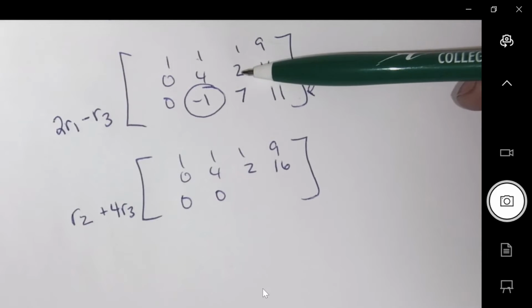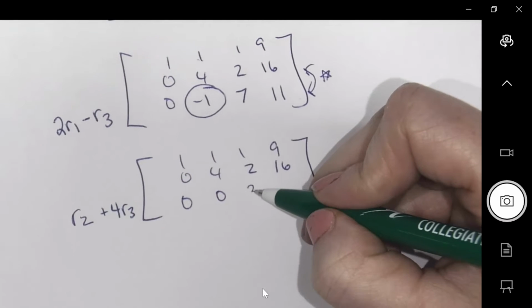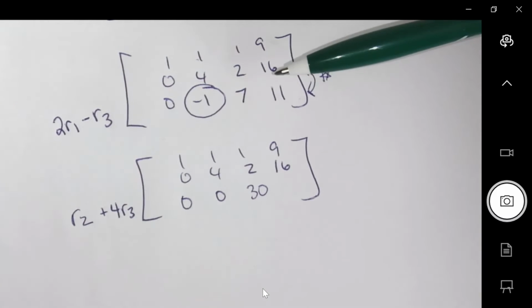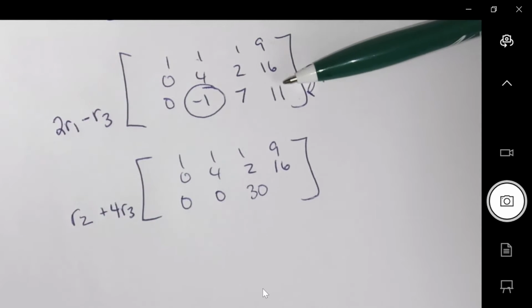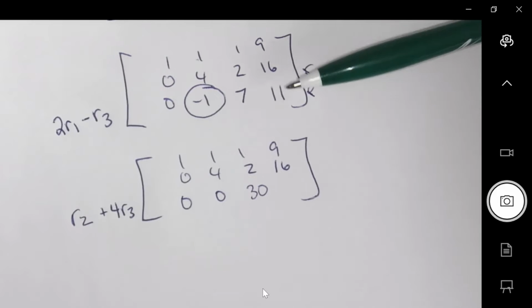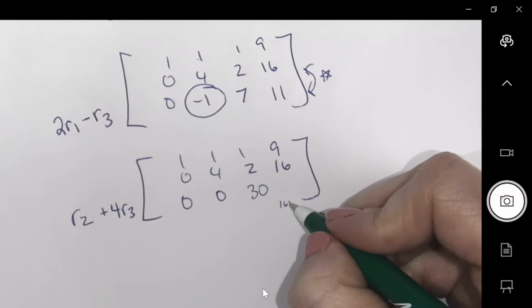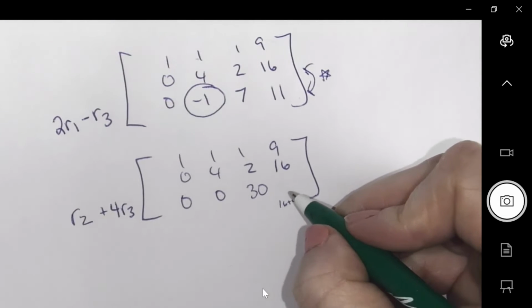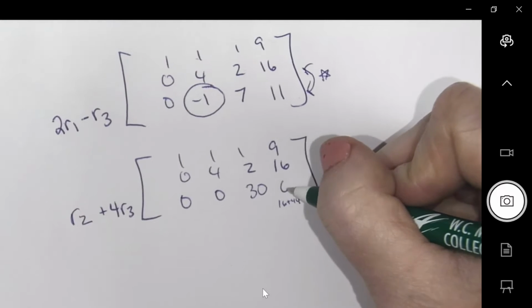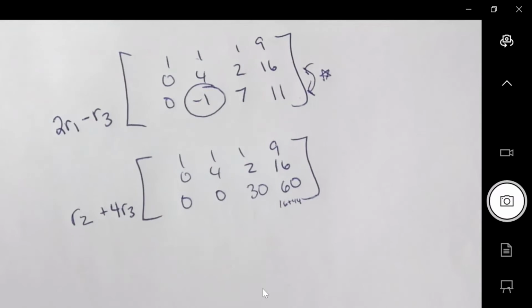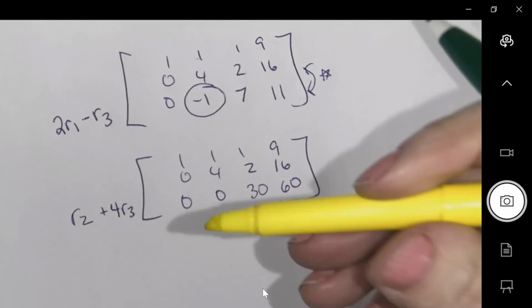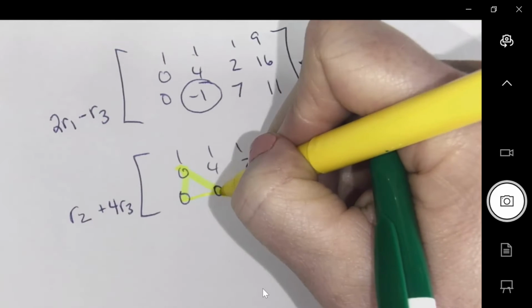Are we with me? 2 plus 28 makes 30. 16 plus 44. That's 60. Okay, we did it. That was our goal, to have zeros.